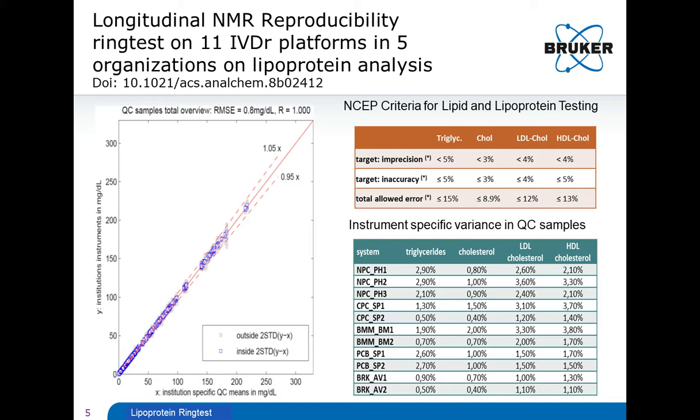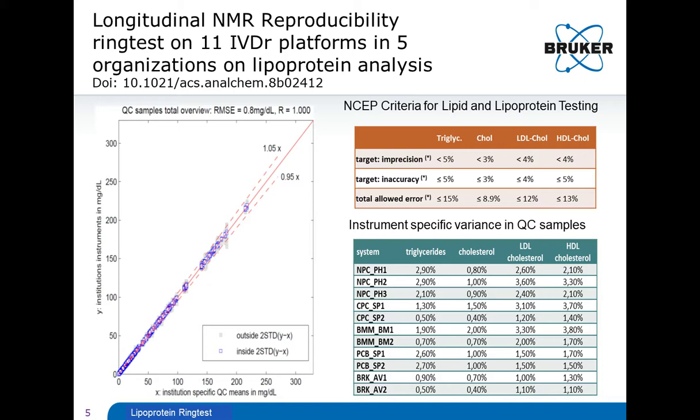Now I wanted to show you something about reproducibility, which is one of the strongholds of NMR. This is a result from a ring test with 11 IVDr platforms in 5 organizations in the United Kingdom and Germany.